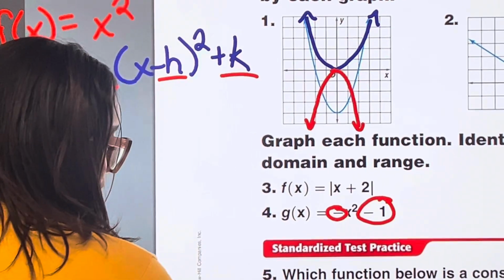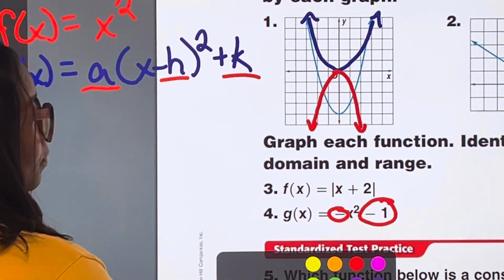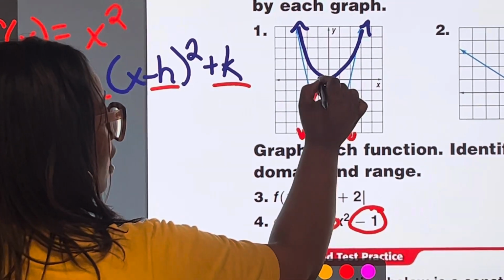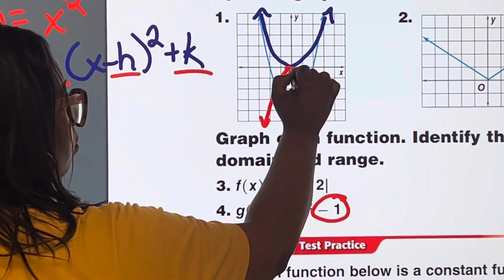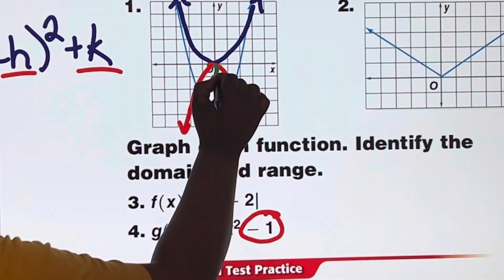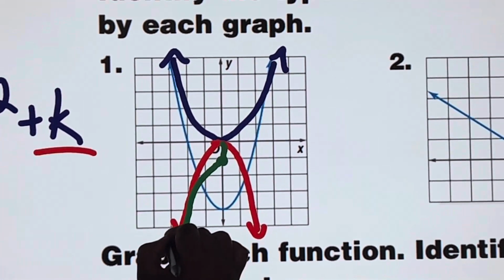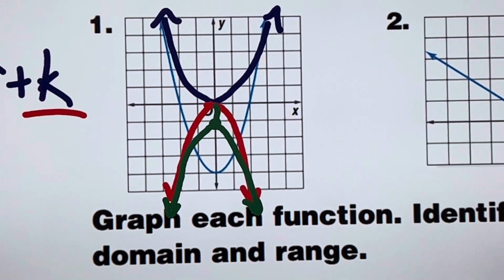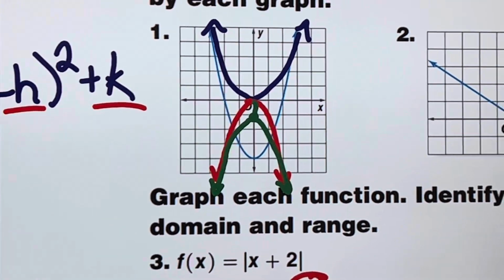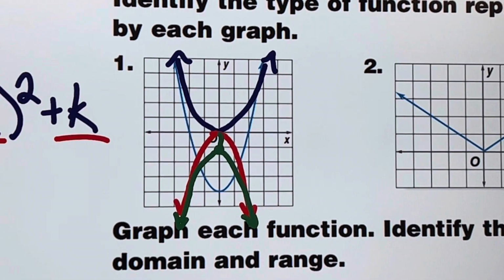So I'm going to switch to one more color, green, and I'm going to move this red graph down 1 unit, and put my vertex here, and now I can draw my green graph. So the green graph, green stands for go, that's going to be the actual graph of my new function.